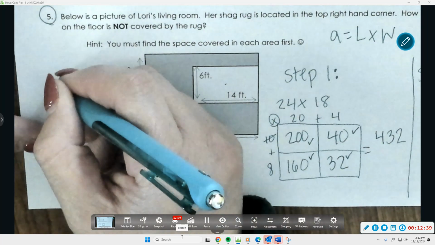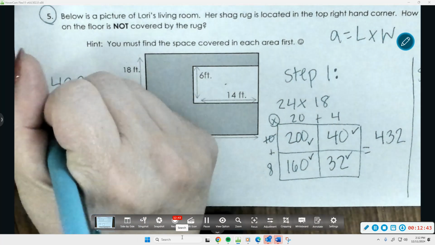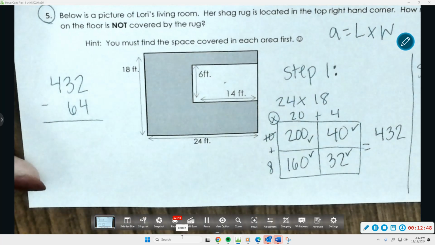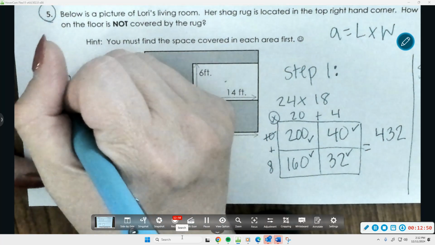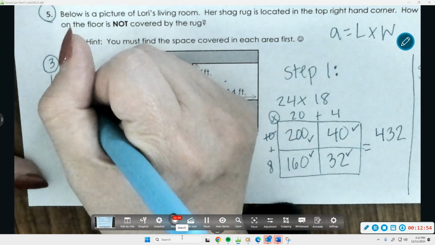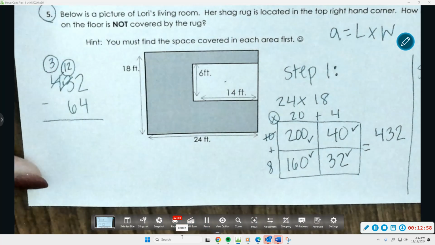So I'm going to take my 432. I want to take away the rug, which was what, 64? Lots of regrouping there. Make that a 3. Oh, that was a 13, but no, that's going to be a 12.